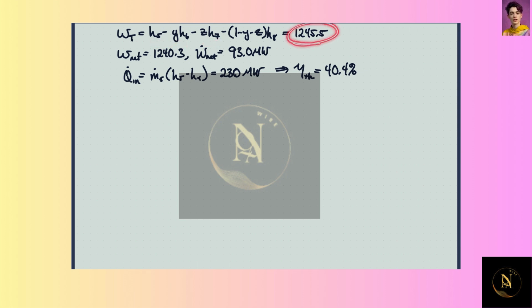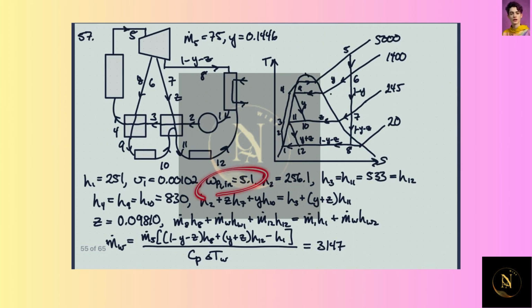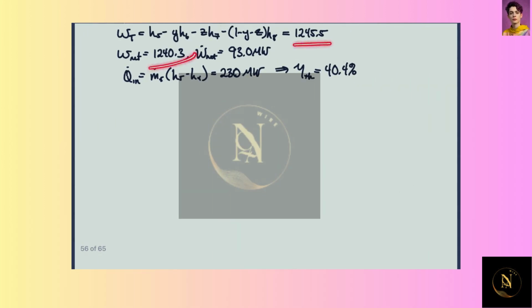And we wind up with this value, 1,245.5 kilojoules per kilogram. We know the net because we know the work into the pump right here. So we can subtract that out. We get this. And then we know the mass flow rate, so we can get the power out. So we get about 93 megawatts of power out of this.